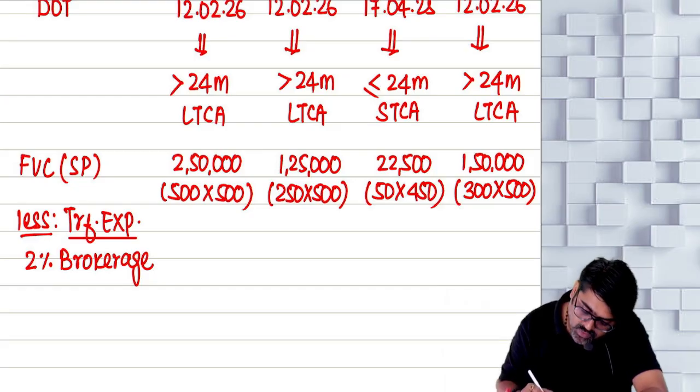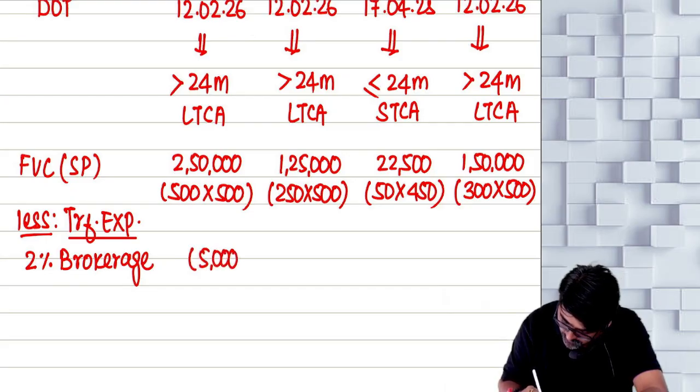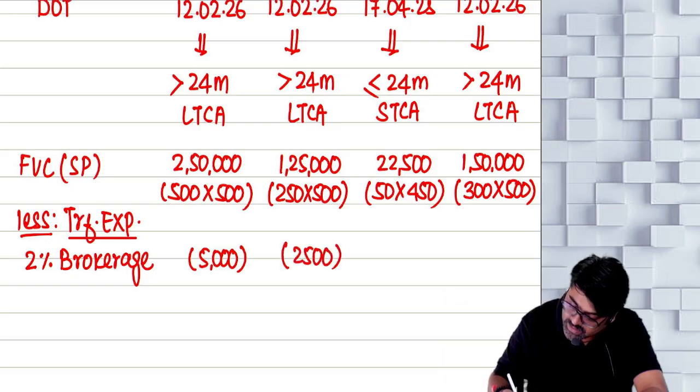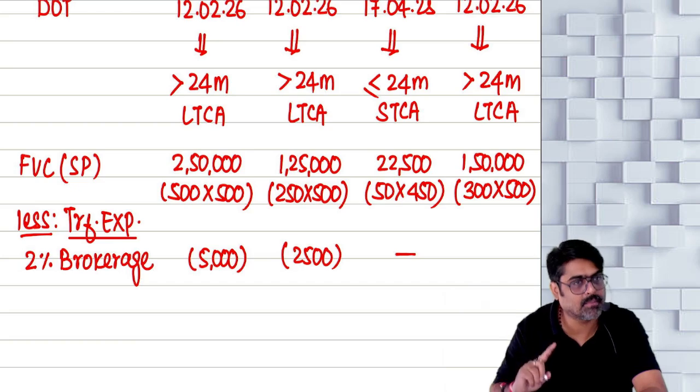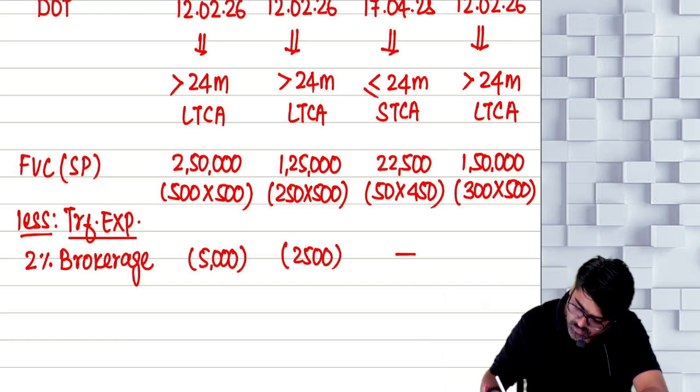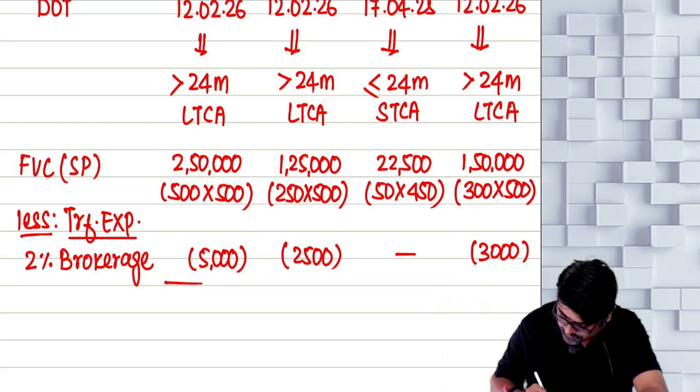So 250 into 2% will be how much? 5,000. 1,25,000 into 2%, 2,500. Don't write any brokerage over here, because at the time of renouncement, you are not paying any brokerage. You are paying brokerage at the time of sale of shares. So 1,50,000 into 2%, 3,000.